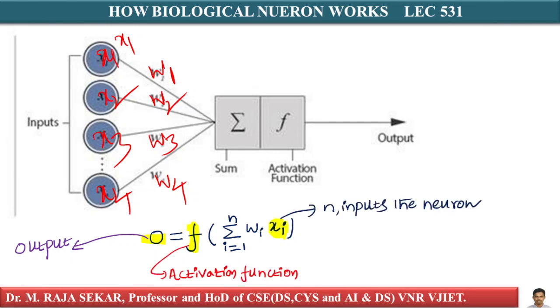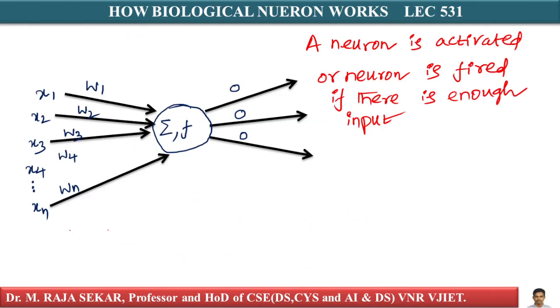This f is known as the activation function. x1, x2, so on xn are inputs, and w1, w2, so on wn are weights. I can say a neuron is activated, or fired, if there is enough input.